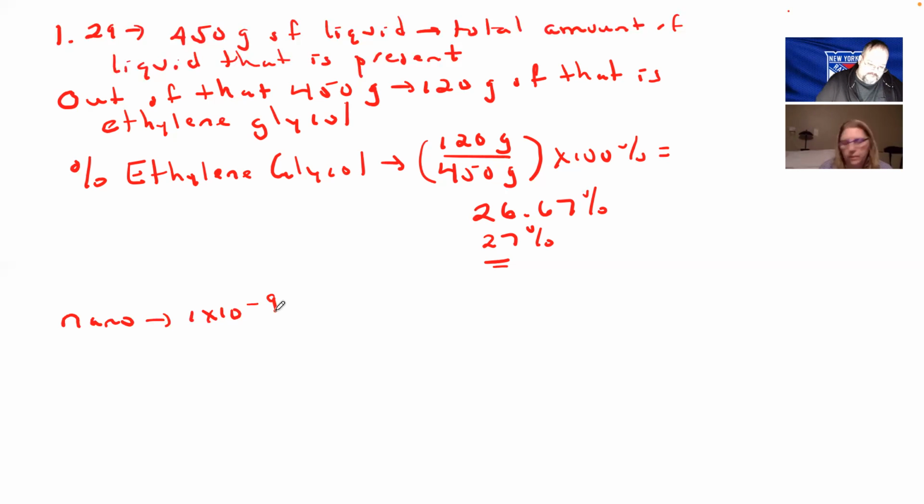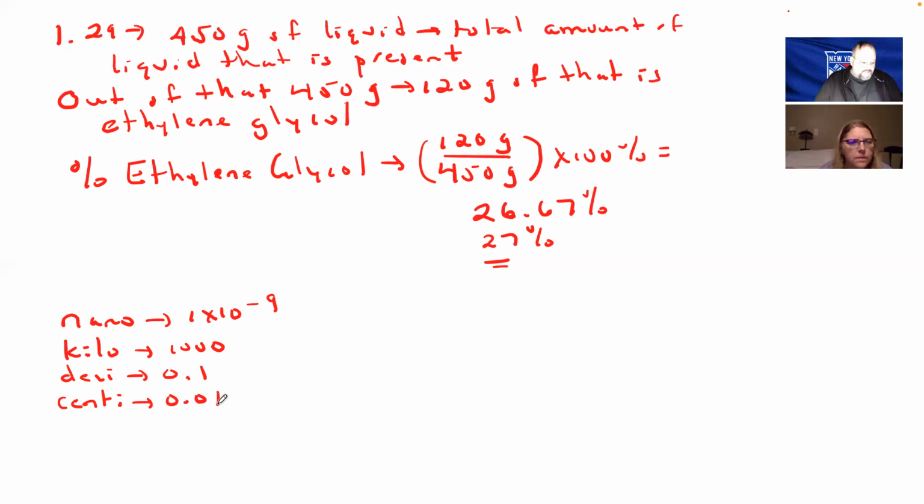Think about some of the other units, like kilo means essentially 1,000. Deci means 0.1. Centi means 0.01.